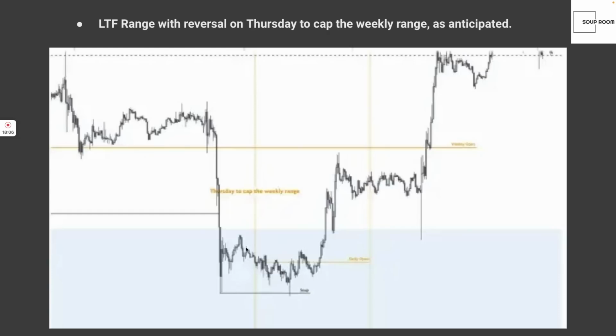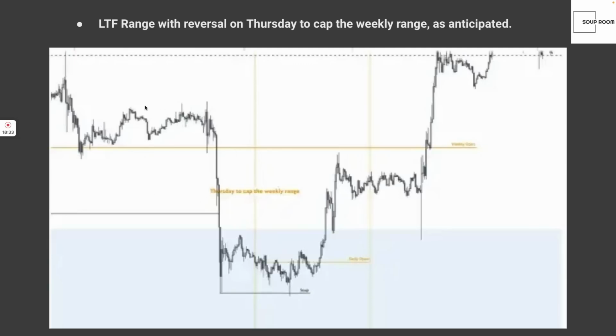Range low, range high. Daily open. We are below the open, manipulating below an old low, and we are within the higher time frame PD array, key level, which is represented by this blue shaded region.